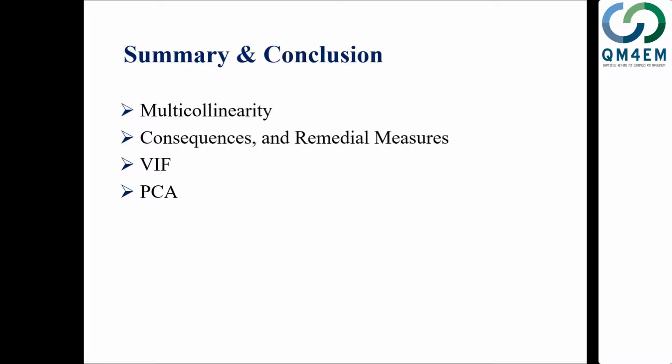And then we talked about principal component analysis, and how it is helpful in removing multicollinearity. Principal component analysis, in very brief words, helps us to identify factors that are made of the explanatory variables with a different weight assigned to each.